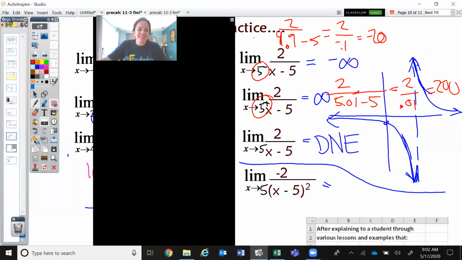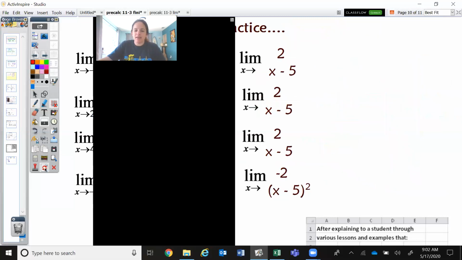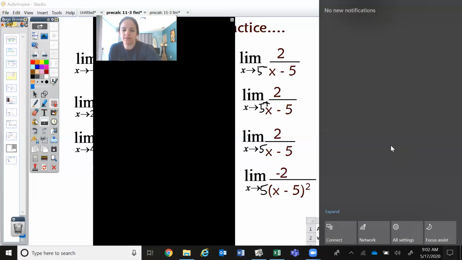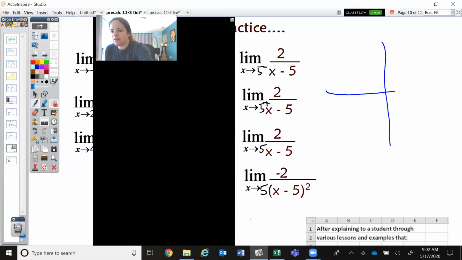And then let's look at the last one here. The limit as x approaches 5 of negative 2 divided by x minus 5 quantity squared. So I wanted to give you an example, lest you think that all of these that have a denominator issue are just going to be DNE.